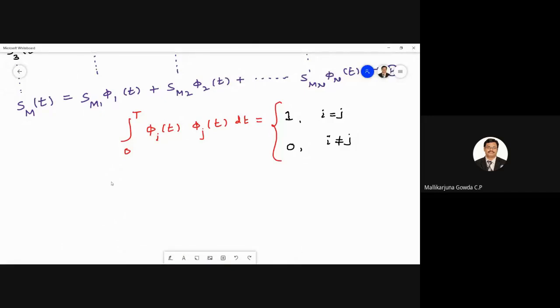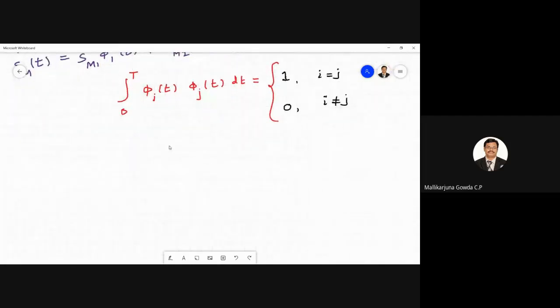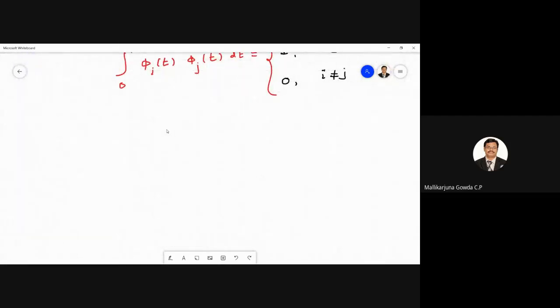Fine. So let me now come to this procedure. I just wrote what Si of t is, and how I expand it by varying the value of i from 1 to M and j from 1 to n. The first step is finding the value of phi 1 of t.